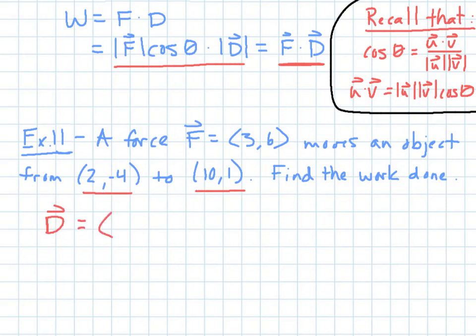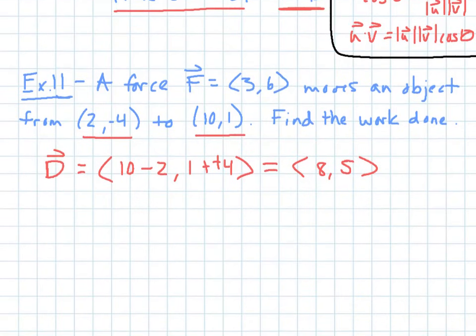So now I need to take 10 minus 2, 1 minus a -4. That gives me 8, and then plus, that gives me 5. Okay, so there's my direction vector. So now, for work, I can take the dot product of the force vector and the direction vector.